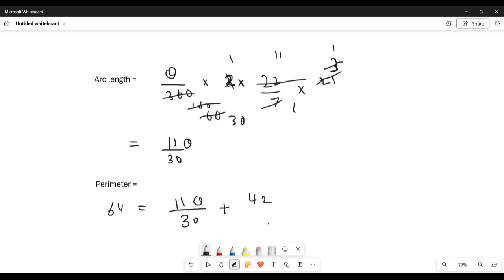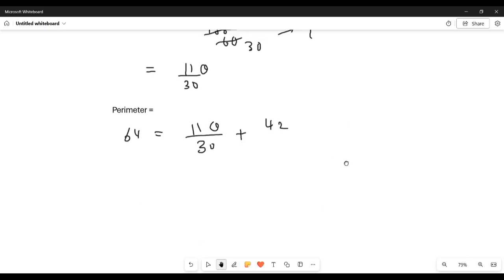Right, so what can we do now? Since you don't have to keep the denominators the same in here because we have nothing to move on the other side. We're not finding the radius this time. We are finding the degree, the angle at the center.